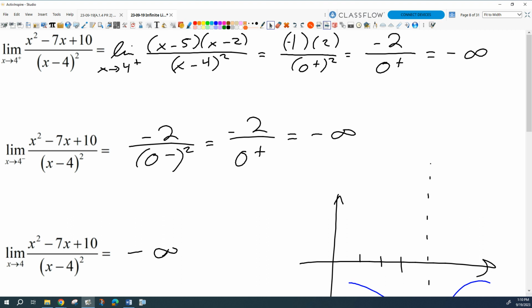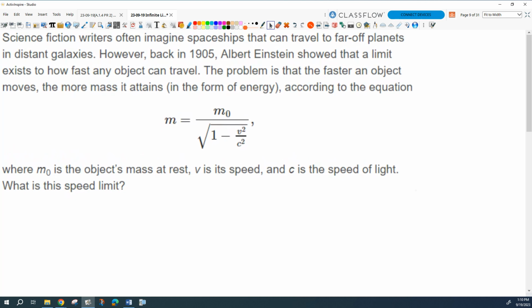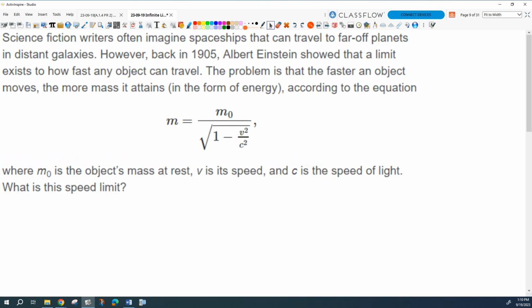Okay, we did that one. So let's go to this guy, right? And remember this problem? We said we'd come back to it. I promised you we would. And here we are. So this is Einstein's, one of his many, many contributions to physics, special relativity.